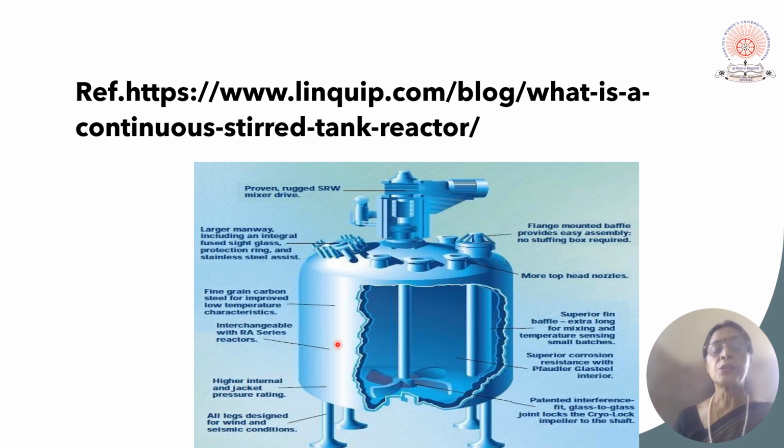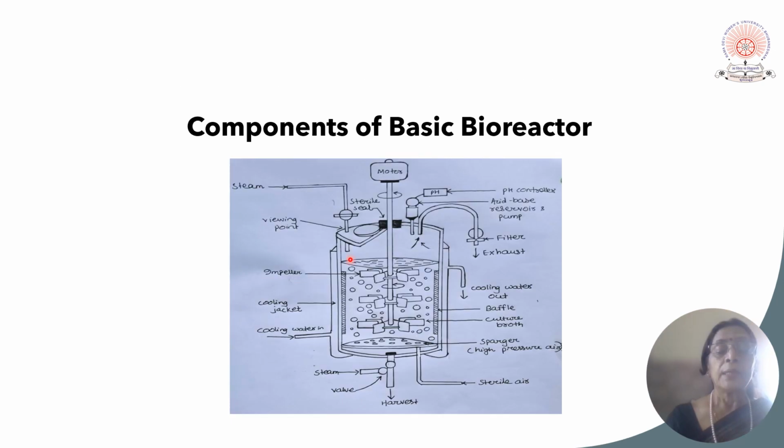This is a cross section of a continuous stir tank bioreactor. There are different parts. This is the sketch diagram of a stir tank bioreactor. The construction is very important. Configuration is important.